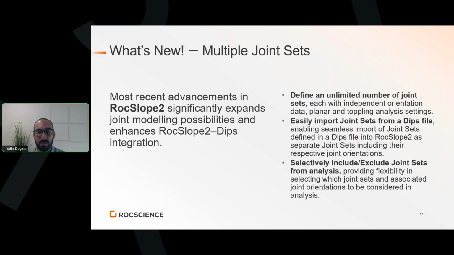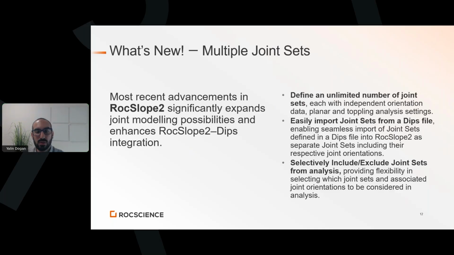RocSlope2's previous builds already had the capability of performing wedge, planar, and toppling analysis, considering joint orientations from a single joint set or two separate joint sets. This recent update now allows RocSlope2 users to define an unlimited number of joint sets, each with independent orientation data and planar and toppling analysis settings.